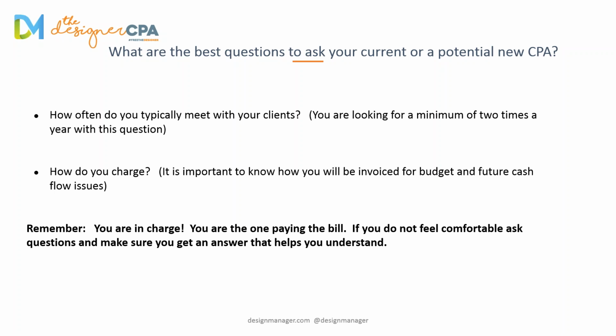Another great question to ask is, how do you charge? It's important to know how you're going to be invoiced, so that you can budget for your future cash flows in your business. Old school traditional CPA firms sometimes, and I know there's a lot still out there, might say, well, it depends on how long it's going to take, and everybody here has a different billable rate, so I don't know, we're going to see.